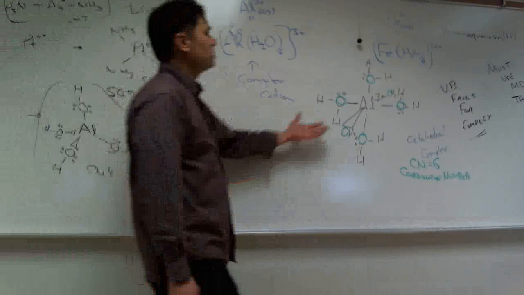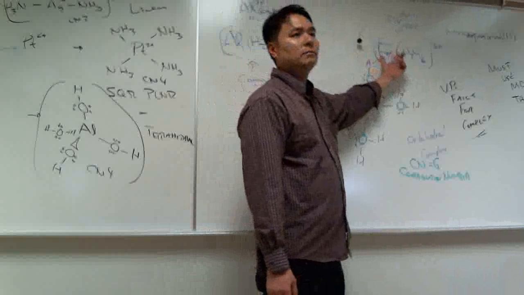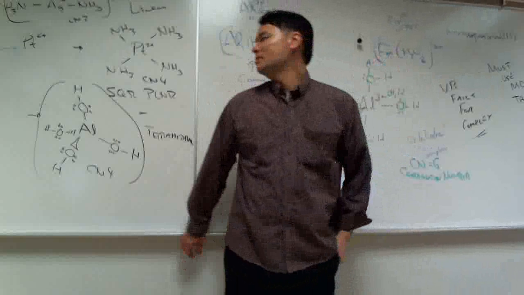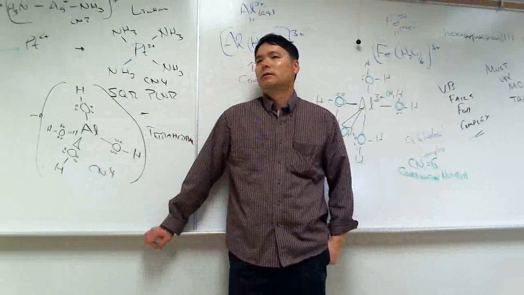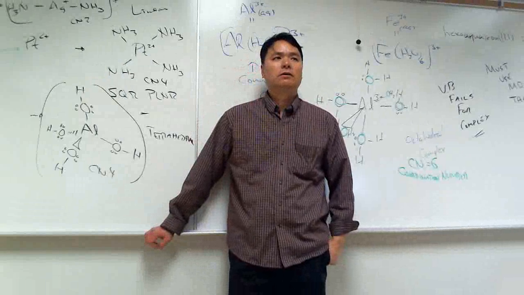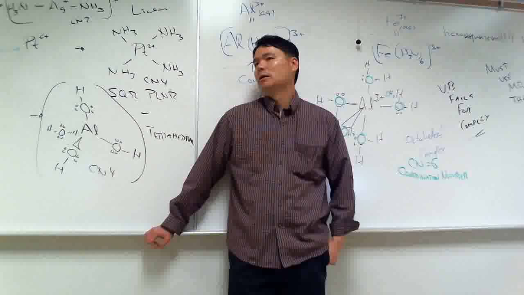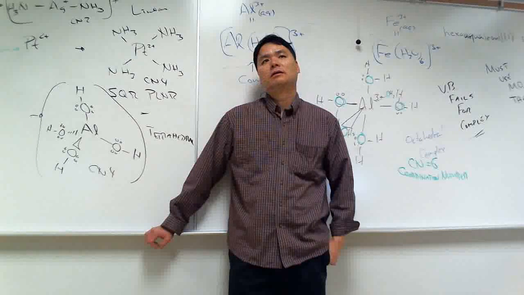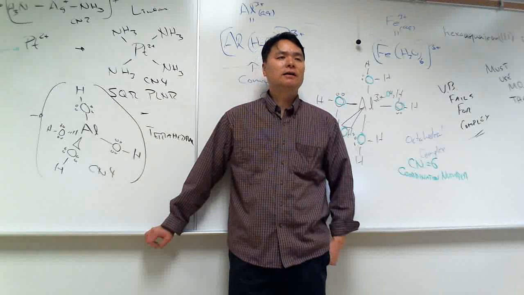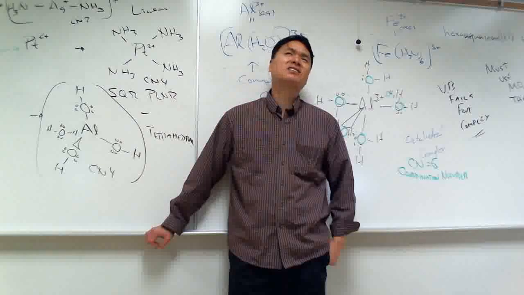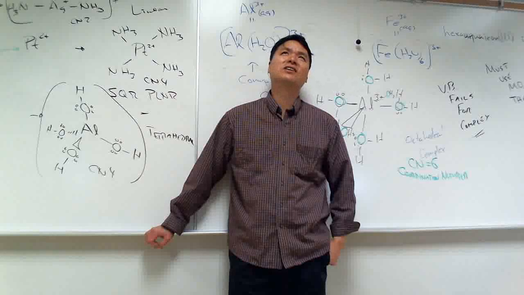Some of the metals will just go by their normal name, like iron. Some metals go by their Latin name, like cuprum, or what else is there? Aurum or stannum. There's only a few.